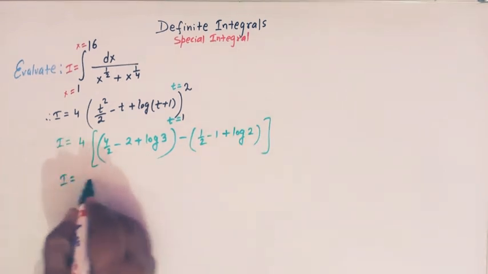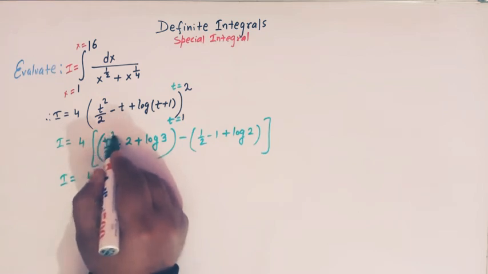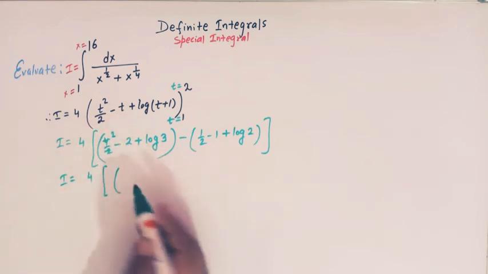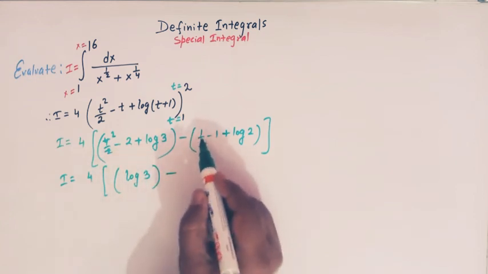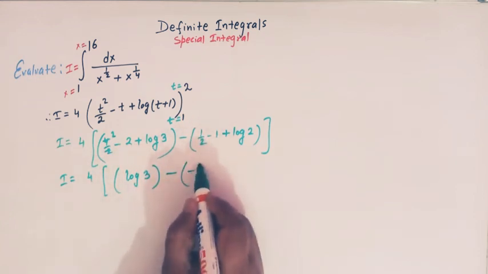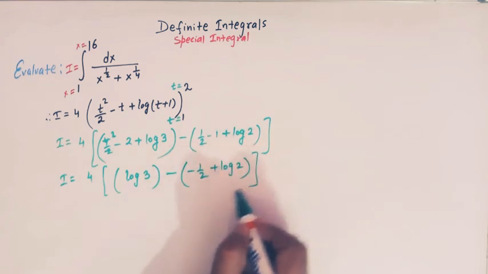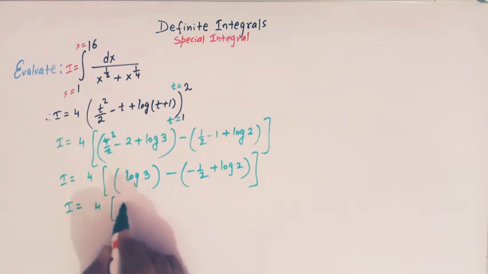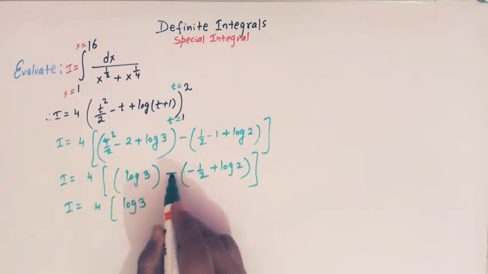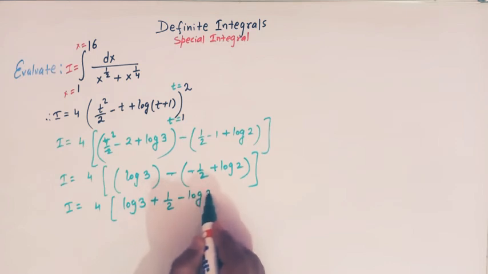Now I can be written as 4 times, and here we have 4 over 2 which is 2, so we have 2 minus 2, which is 0, so we have simply log 3, and half minus 1 is minus half plus log 2. This can further be written as log 3, and minus minus plus, so we have half, minus log of 2.